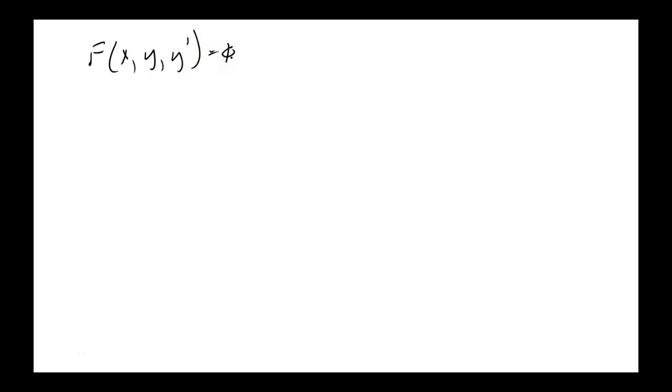That's one way to express a differential equation, okay? Another would be, say some little f of x and y would be equal to y prime. That would be another way to express it.